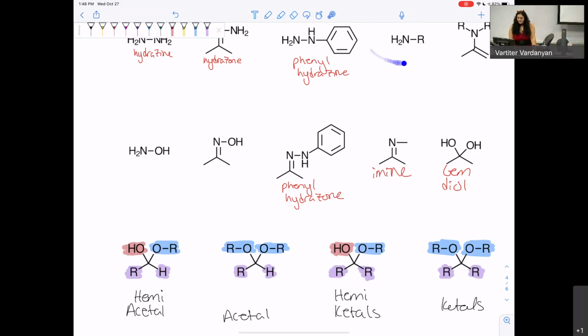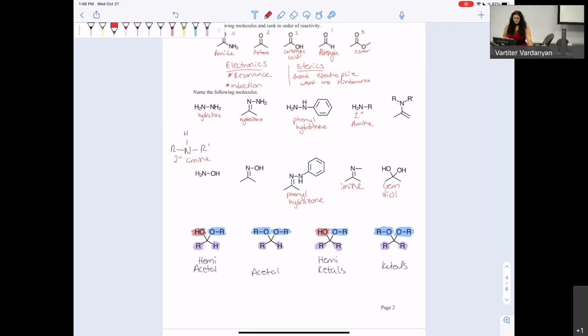And what is this one on top called? Primary amine, yay. This one isn't drawn in your packet, but I'm going to draw it for you anyway. What if we have N with 2 R groups and 1 H? Secondary amine, yay.